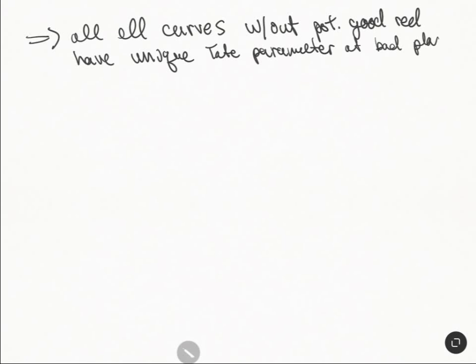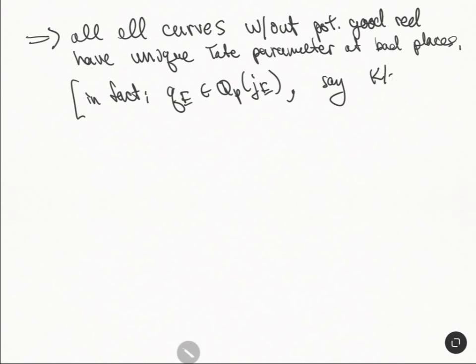Right, so the bad place will be not potentially good. And actually we can say a little bit about what the Tate parameter is. In fact, we know that this Tate parameter is a rational function in here. So let's say that K is an extension of Q_p. So there's an expression for q_E in terms of the j-invariant.